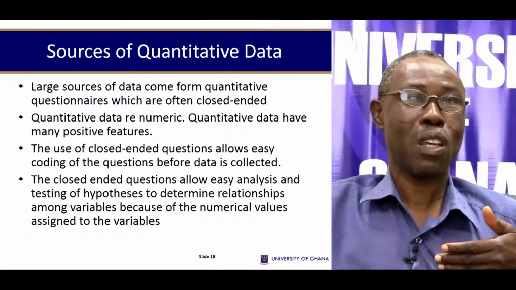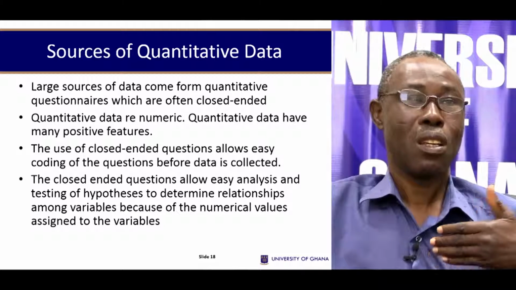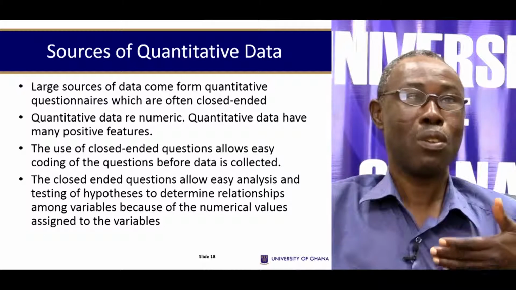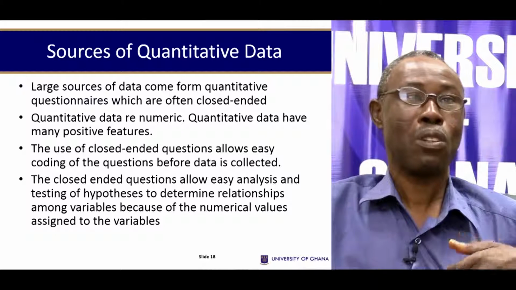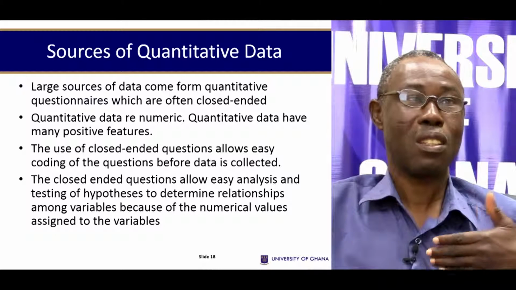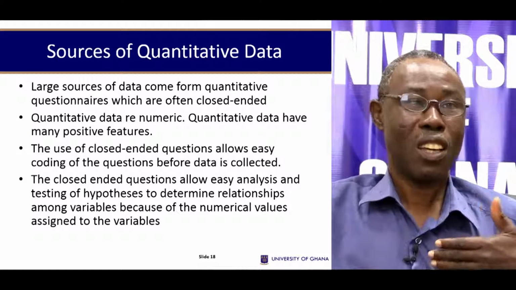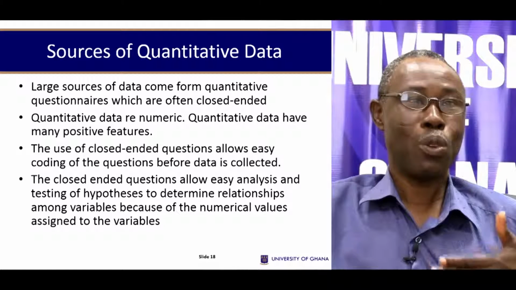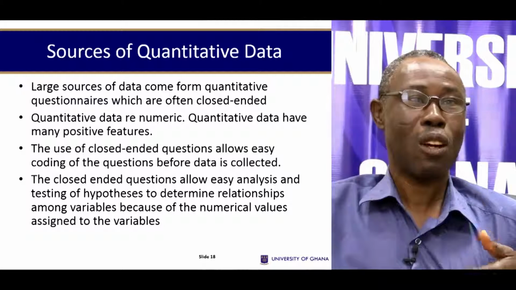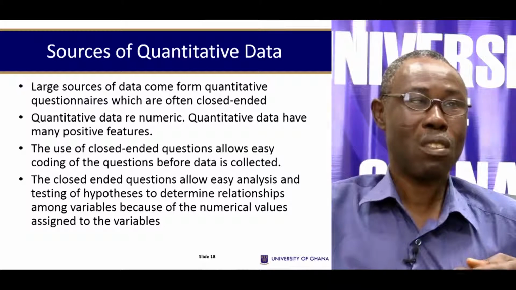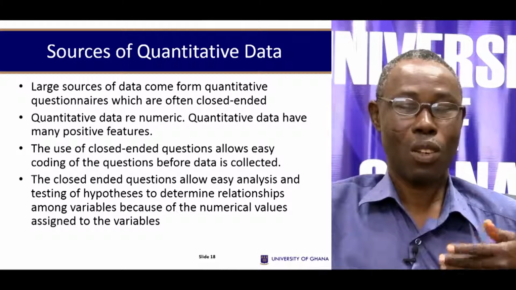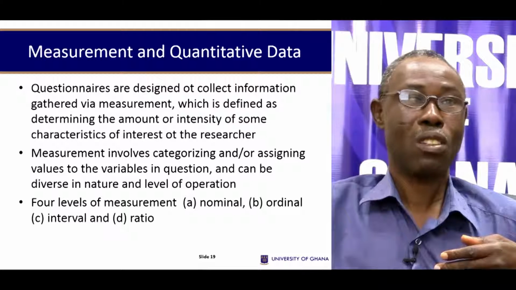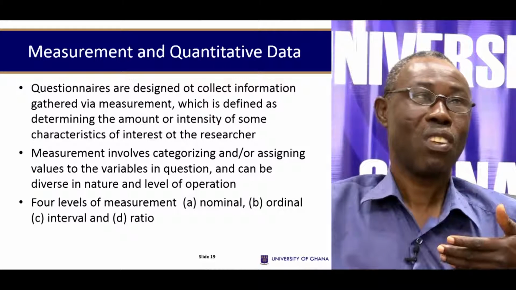Quantitative data, as we said previously, yields numerical data. And as much as possible, once this data is collected, the way we do it is that we have to find out whether our research questions relate to the questions, or what hypothesis we are going to test in order to yield the various numbers.